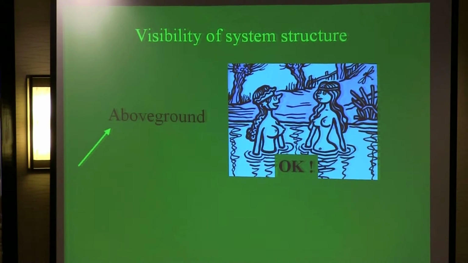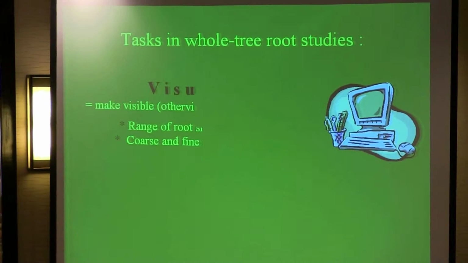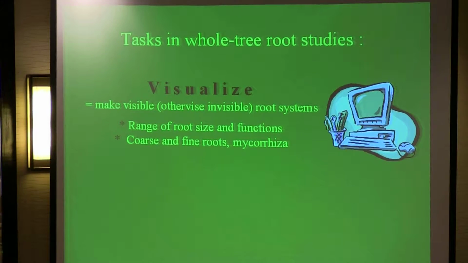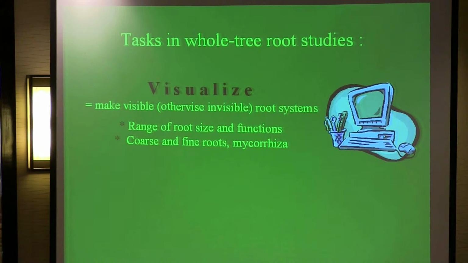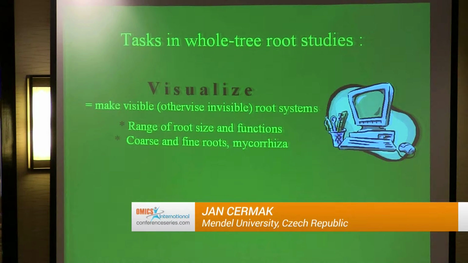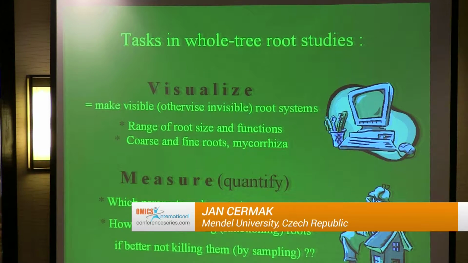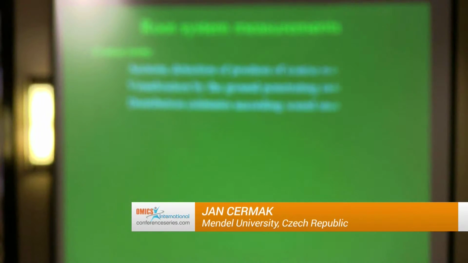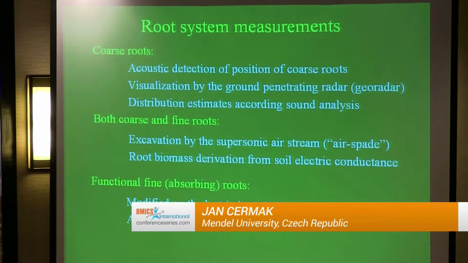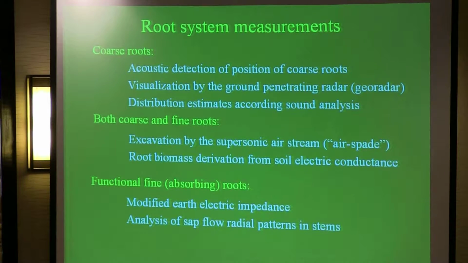Well, we have discussed above ground, so now about below ground, which is, of course, difficult. And we have some methods which can visualize root systems, and some methods can be used for measurements. So we have this possibility of root measurements, the coarse roots using an acoustic method.